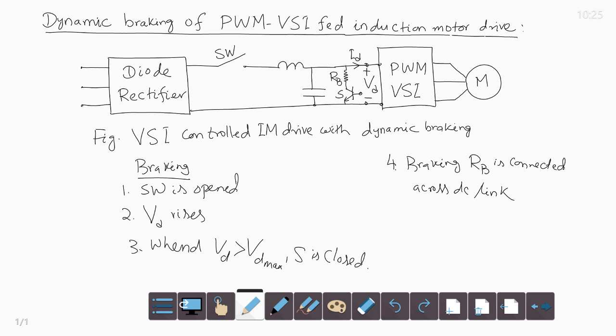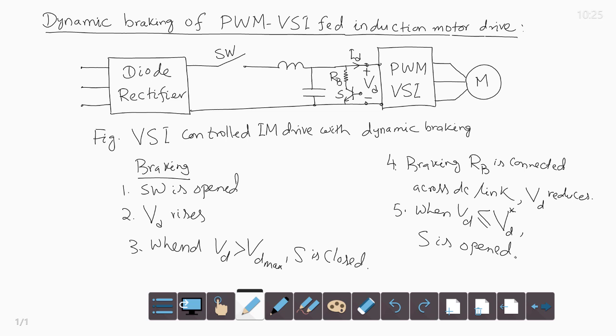So, as braking resistance RB is connected across the DC link, VD reduces. When VD falls below a set reference value VD star, switch S is opened.